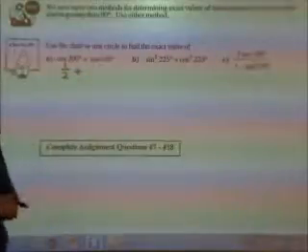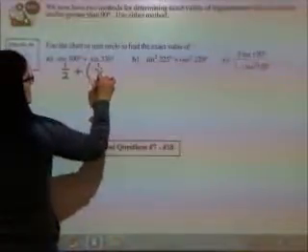What is sine 330 degrees? Negative. And if I add 1/2 and negative 1/2, what do I get? I get the same thing if I use my calculator as well.